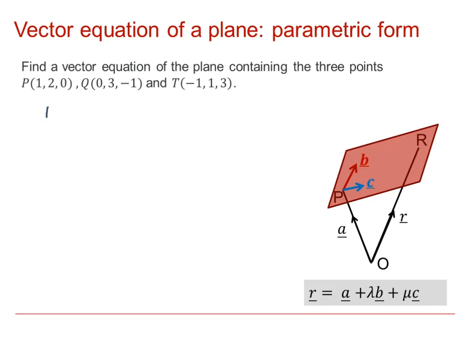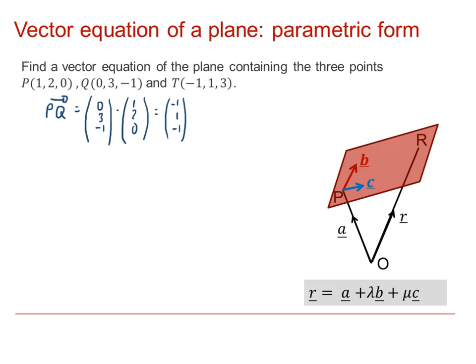We can get those by looking at the vectors from P to Q, which will be the vector for Q, which is (0, 3, -1), minus the vector for P, (1, 2, 0). So that gives us (-1, 1, -1) for one of the directions.